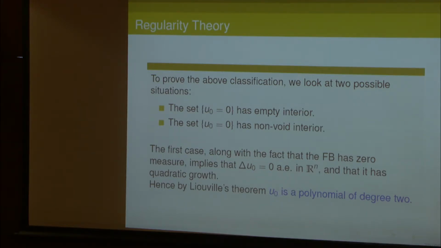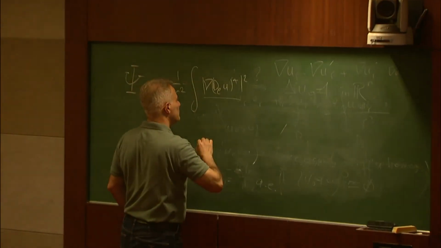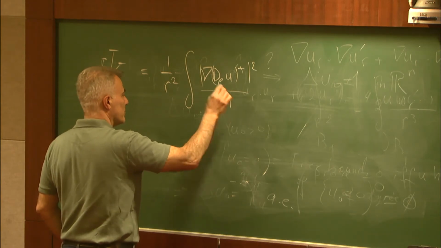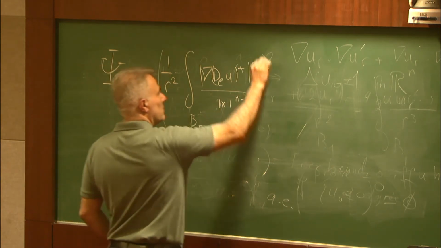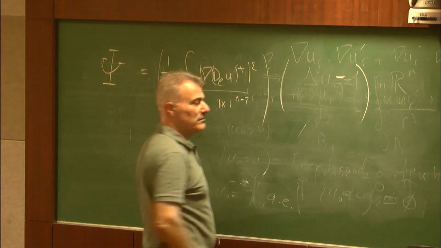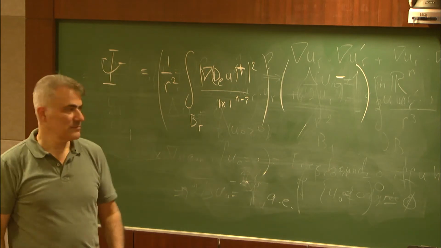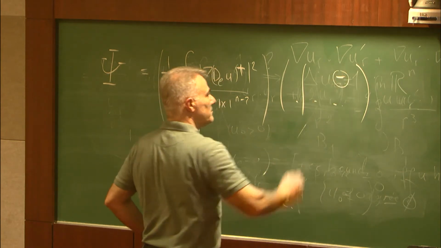That was, so this was 1 over r^2, the integral of the gradient of u plus squared divided by |x| to the power n minus 2 over B_r. And then the same with the minus here. So instead of plus, you have a minus. For the same thing. This is important. Minus.